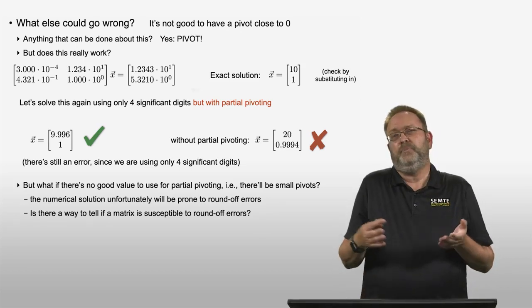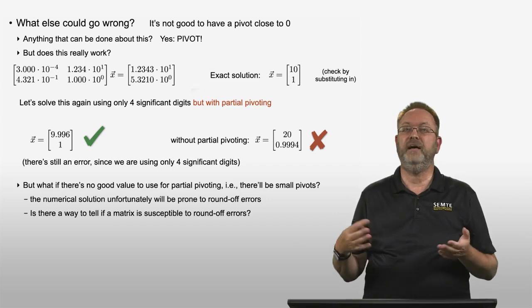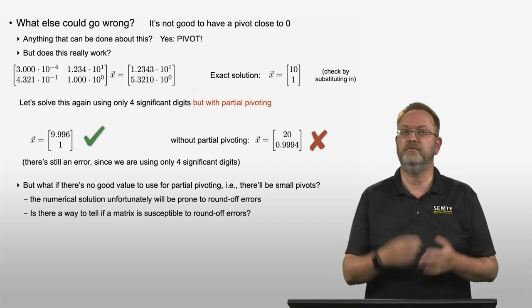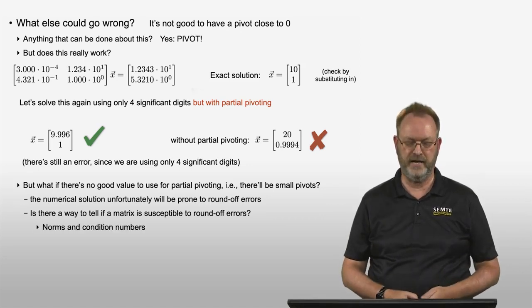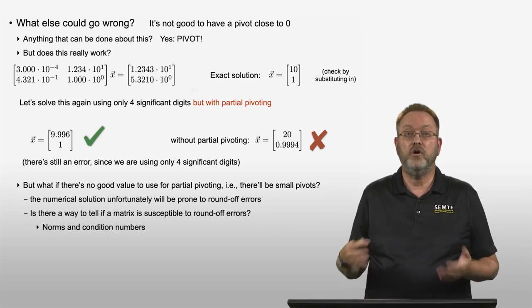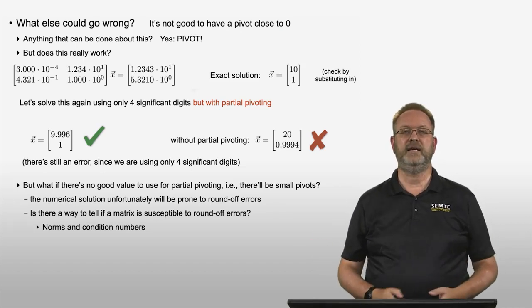Now, it would be great if there is a way to tell if a matrix runs into this trouble, if it is susceptible to round-off errors. And that's where norms and condition numbers come in that we will cover in a subsequent video.